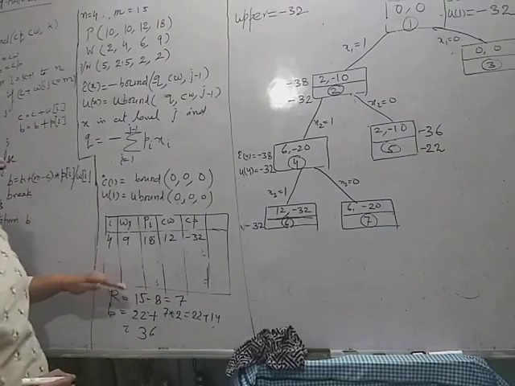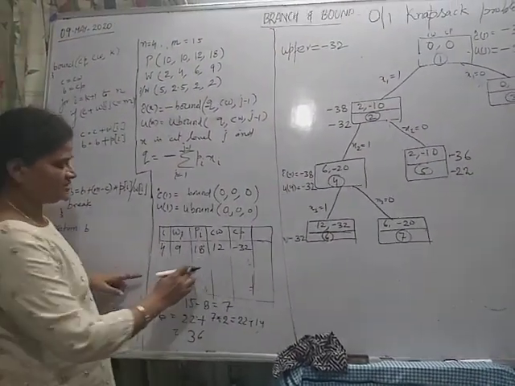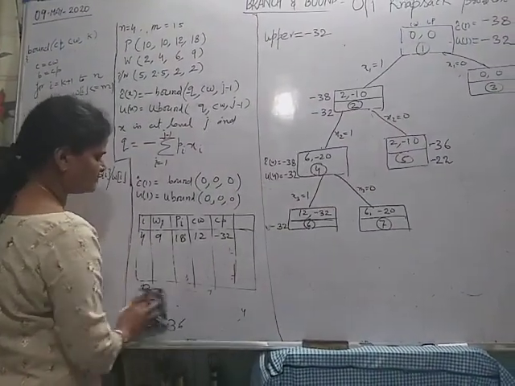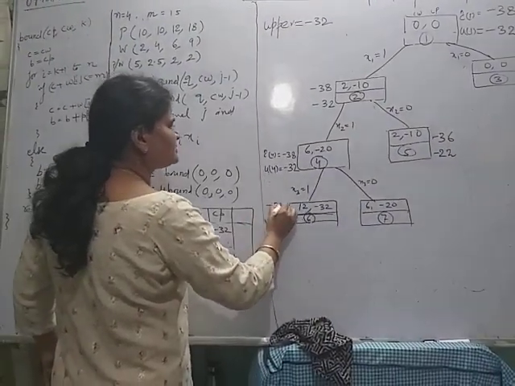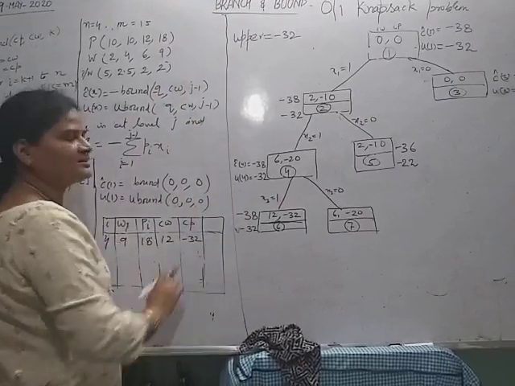And if we consider the bound function, it will give you minus 38. You can compute this; it is the same as before. For the last object we take the fraction.